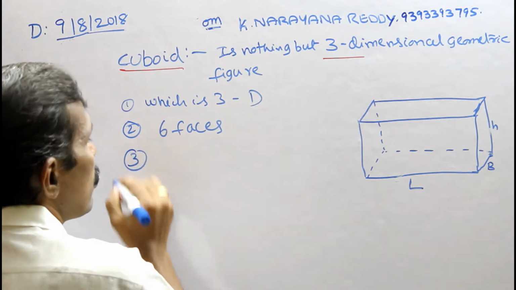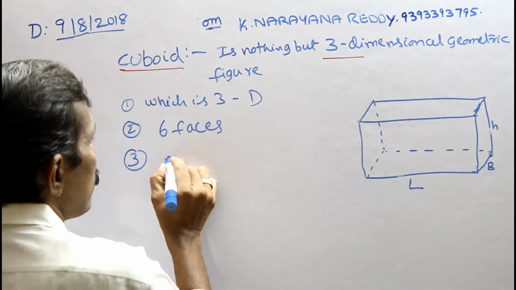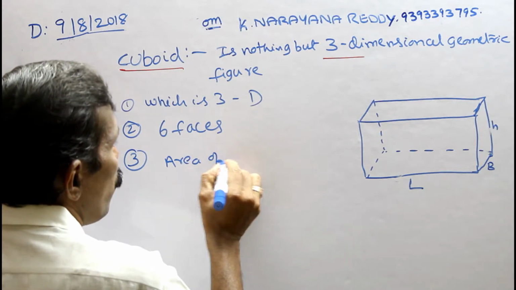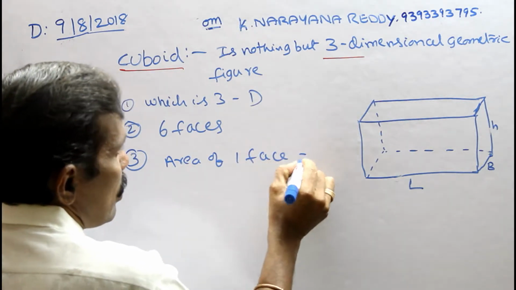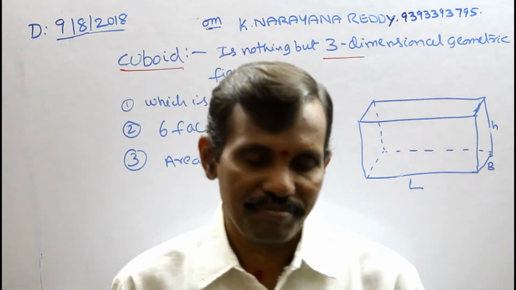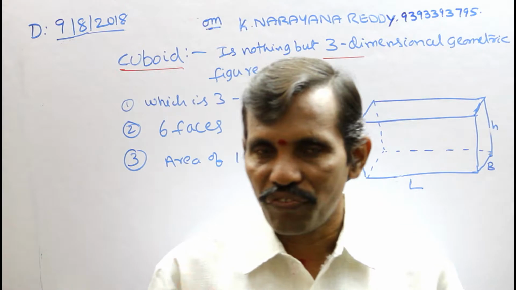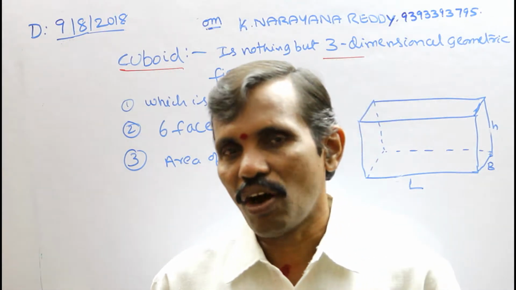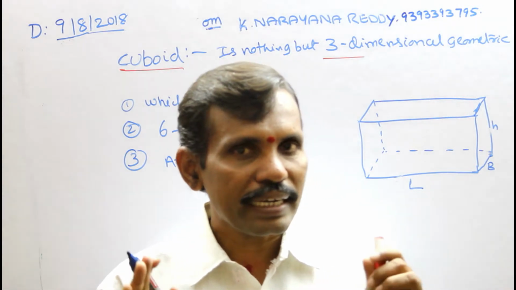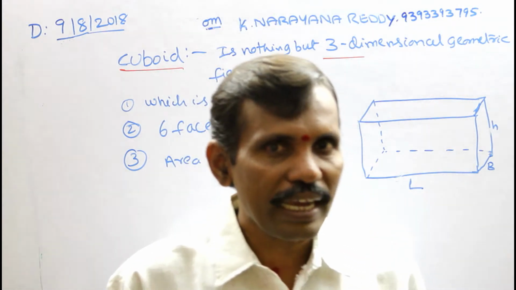Okay. Now third one. What is the area? Area of one face. Already I told you, each face of a cuboid is a rectangle. So each face is a rectangle, which means what is the area of a rectangle?